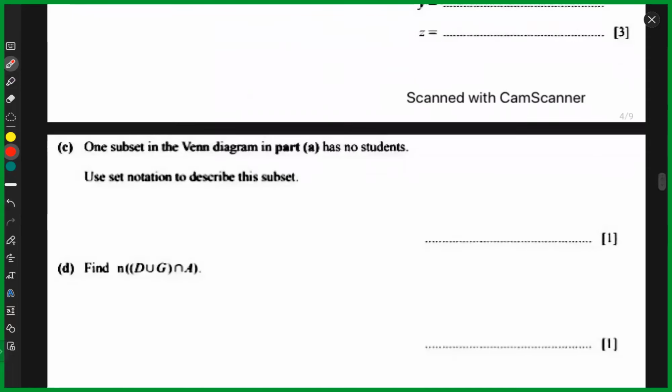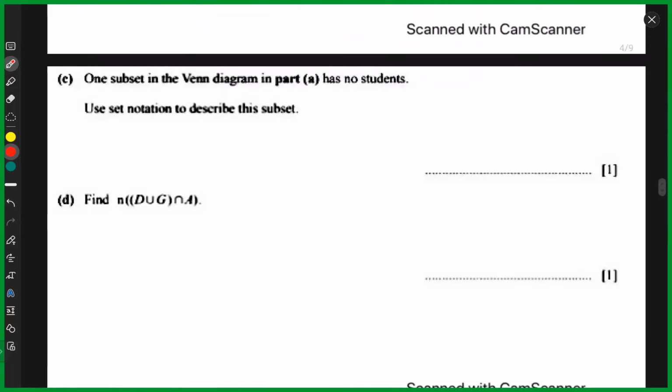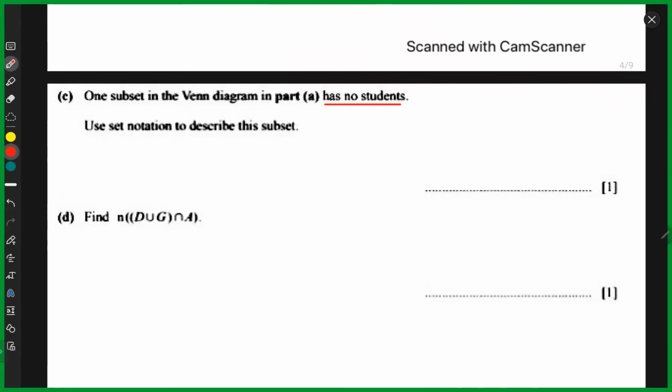Yes, we can do the third and the fourth part certainly. Okay. Now, one subset in the Venn diagram has no students. Use set notation to describe this subset. Okay. Has no students. Let's scroll up and see which part exactly they're talking about. 0.